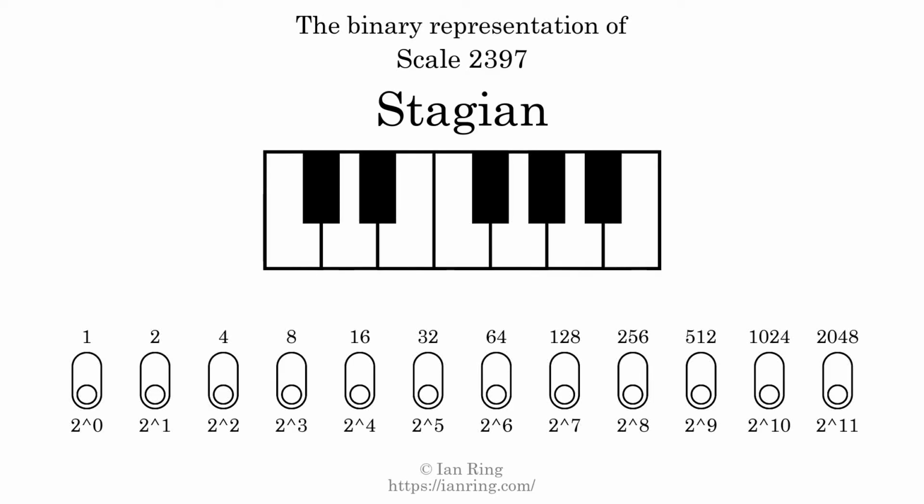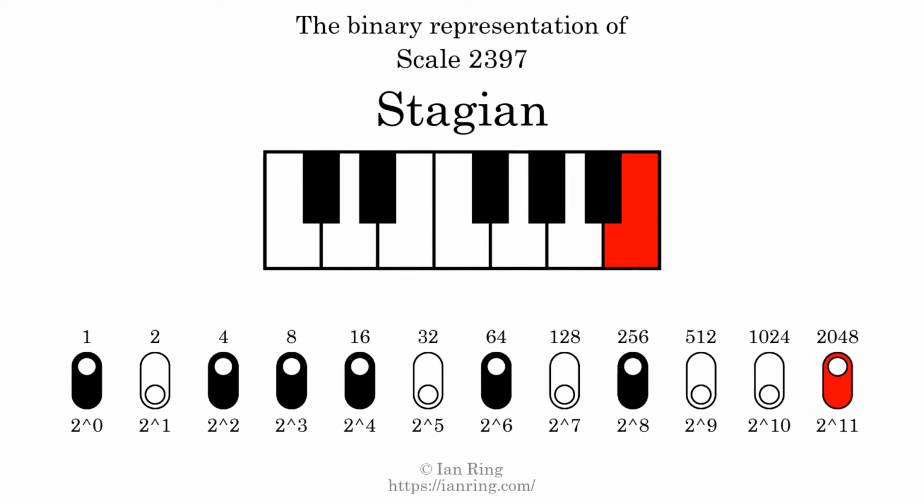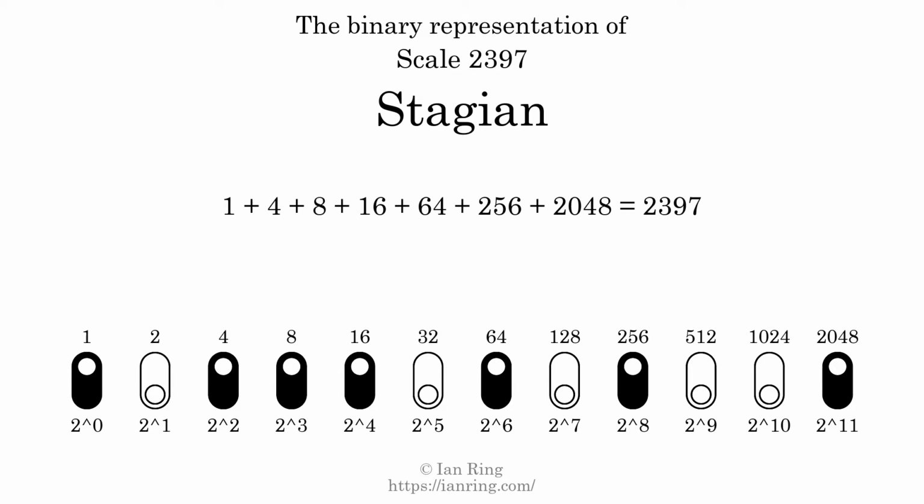The binary representation of this scale is determined by mapping tones of the scale to binary digits. Each binary digit represents a power of 2. To get the scale number, we add the powers of 2 together. The powers of 2 that are present in the scale, all added together, equals 2397.